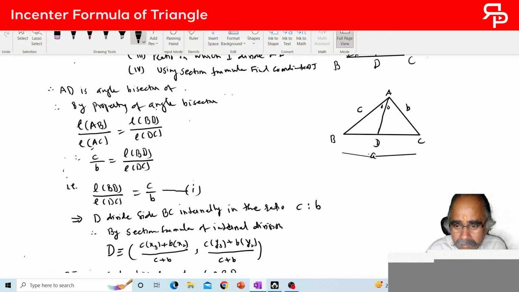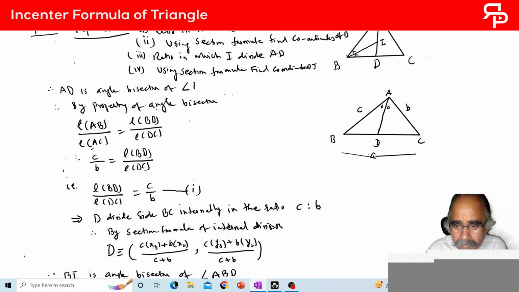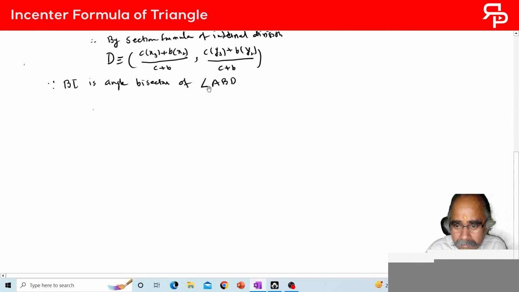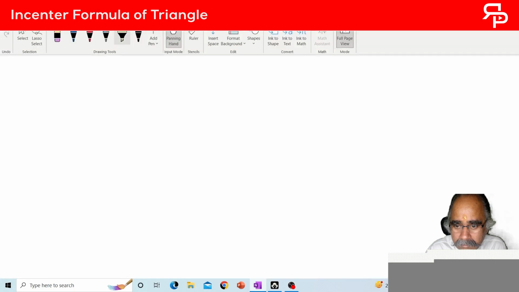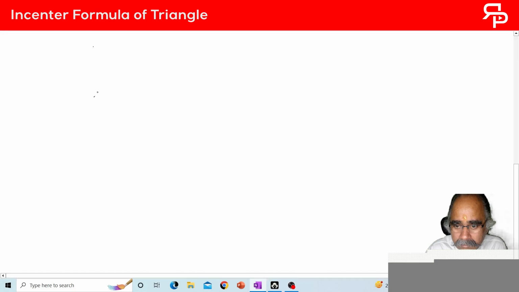So here we are supposed to write angle bisector of angle BAC. While writing this, I recollected that I had done some mistake in writing.